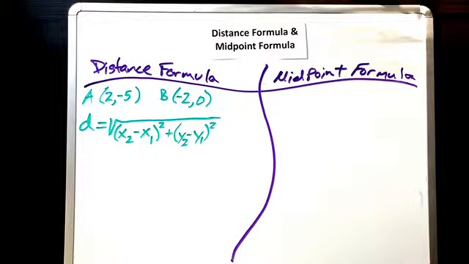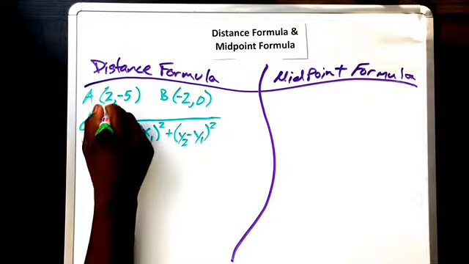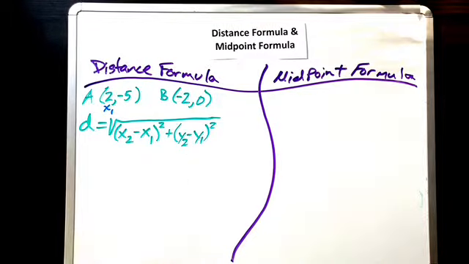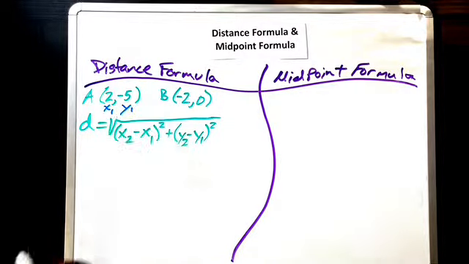So when we're solving a problem like this, we always want to identify x sub 1, y sub 1, and x sub 2, y sub 2. In this case, I am going to designate this point A. So this x-coordinate is x sub 1, that's 2. And then negative 5, I'm going to make that y sub 1.